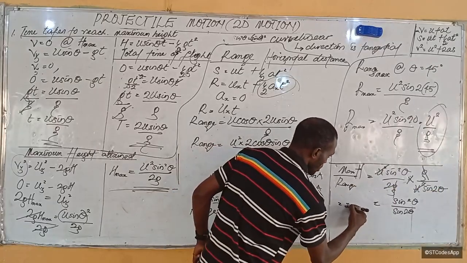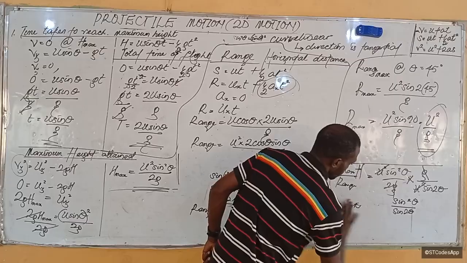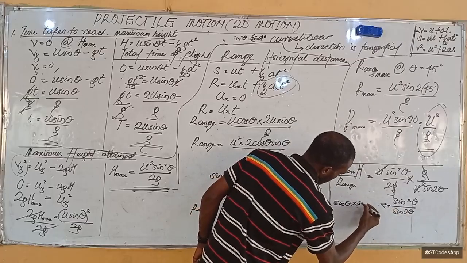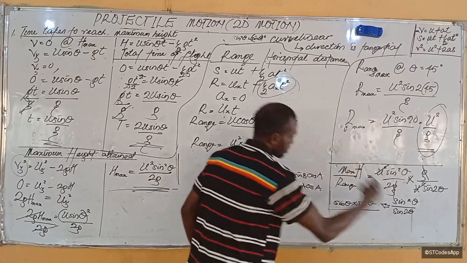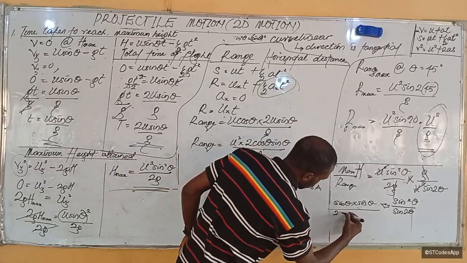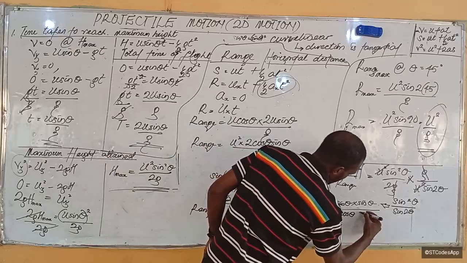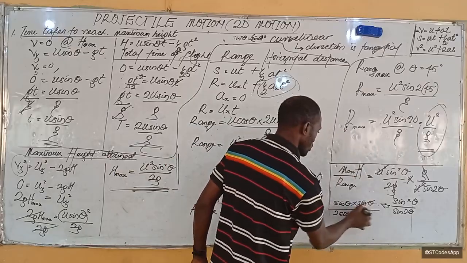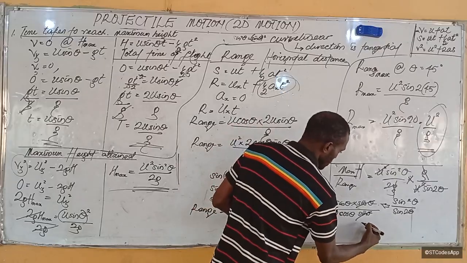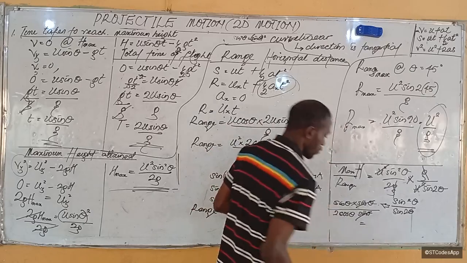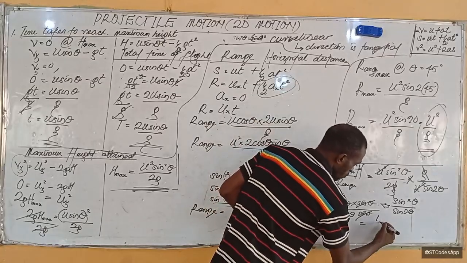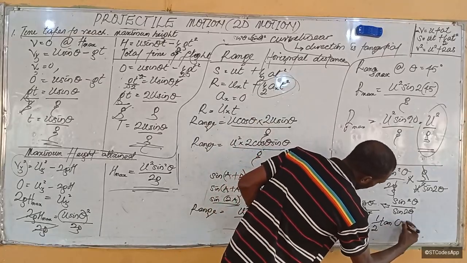You know this one means sine theta times sine theta. And this sine 2 theta is coming from 2 cos theta sine theta. So this can take care of this so that we have sine over cos. So the ratio is going to be sine over cos. And what is sine over cos? Tangent, right? So that becomes 1 over 2 tan of theta.